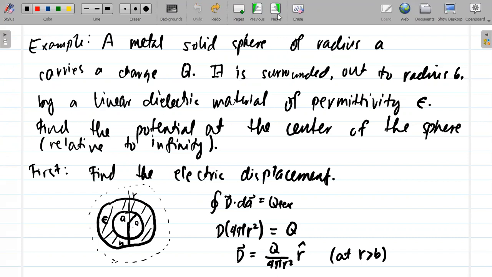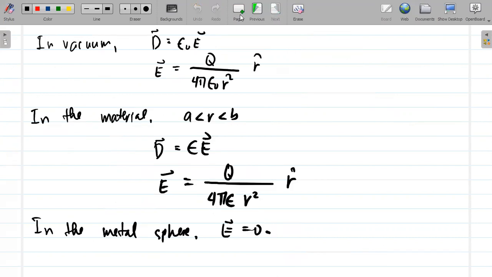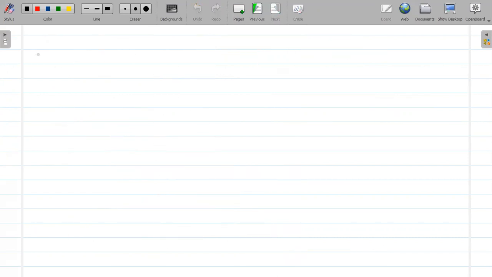Now, we can find actually the potential. So, next. Recall natin, V equals negative integral from infinity to 0 of E dot dl. Class, ito yung unang way natin, di ba, to find the potential. Since we know the electric field, we can find the potential. Now, since magkakaiba yung value ng E sa bawat region, i-divide natin yung integral sa tatlo.